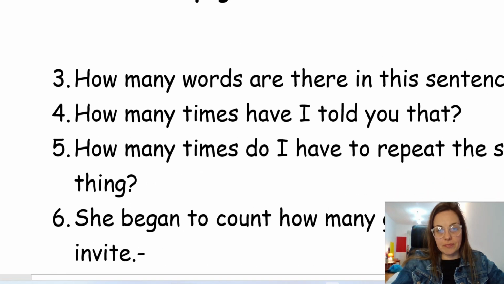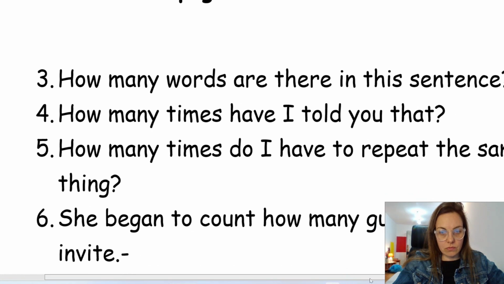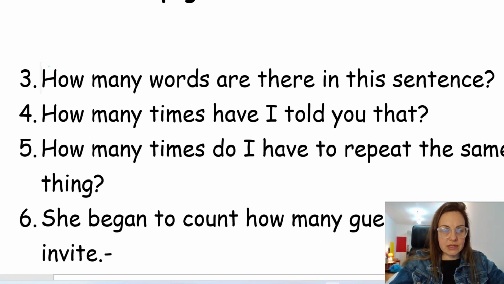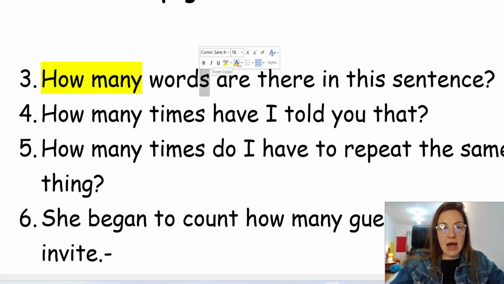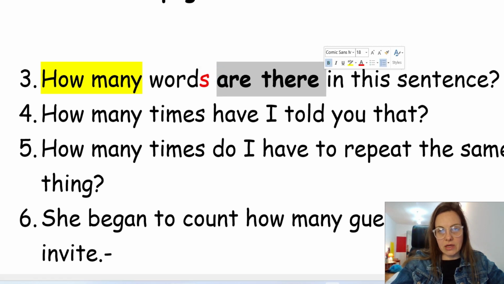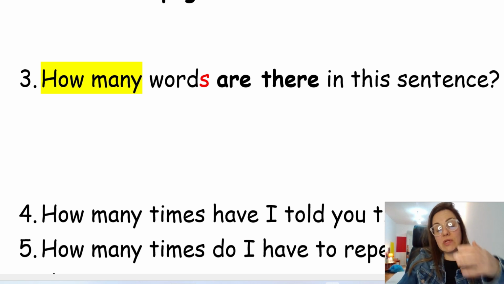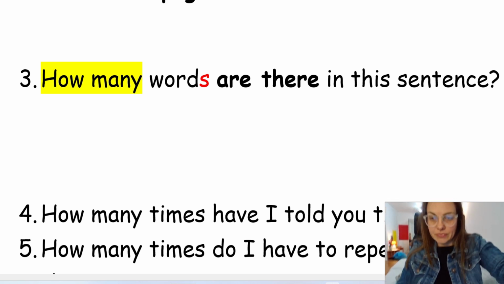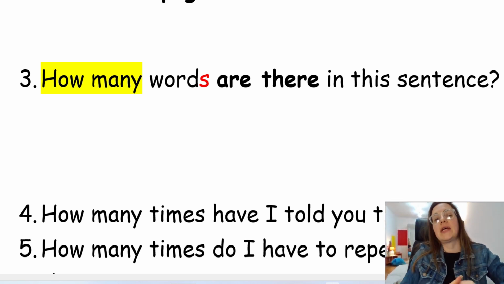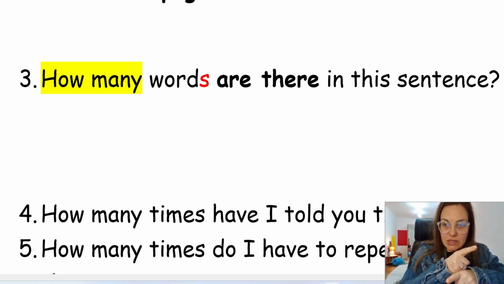Let's see number 3. How many words? Again with words. How many words are there in this sentence? Here we have a sentence with there is, there are. When we make a question, we put the verb first: are there.